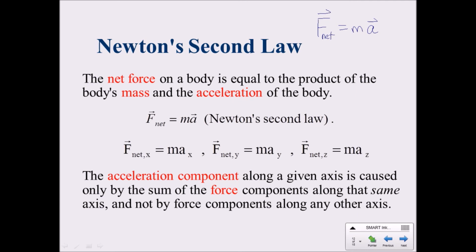So the net force is the product of the mass and the acceleration. We get this from the fact that the acceleration of the object is going to be proportional to the force. If I apply a bigger force to the same object, it's going to give it a bigger acceleration. So if I double the force, it doubles the acceleration.